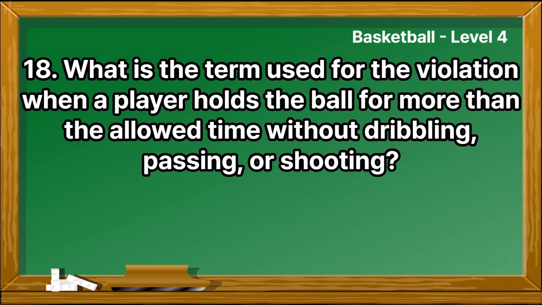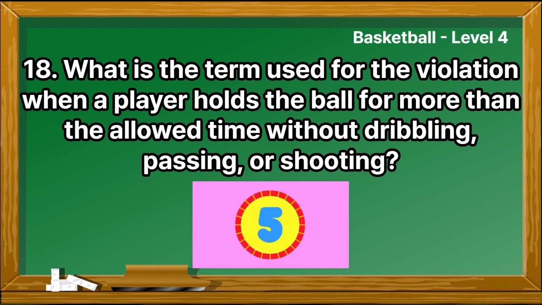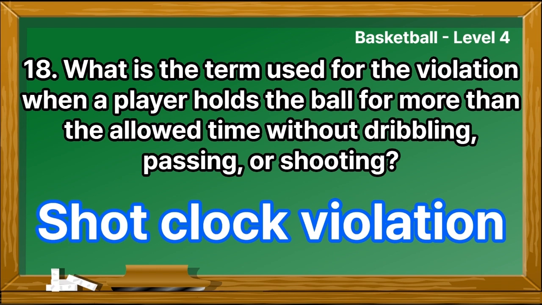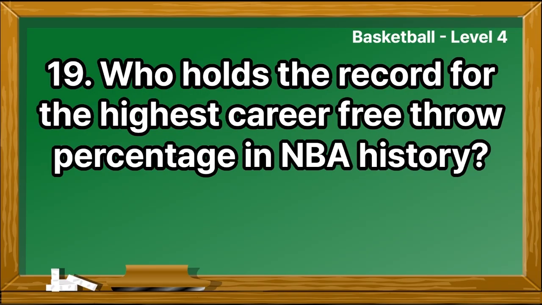What is the term used for the violation when a player holds the ball for more than the allowed time without dribbling, passing, or shooting? Shot clock violation. Who holds the record for the highest career free throw percentage in NBA history?